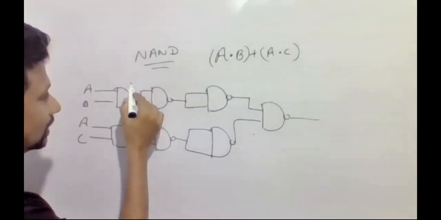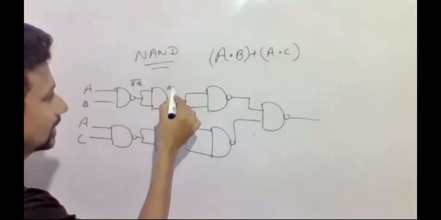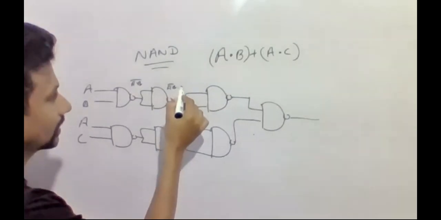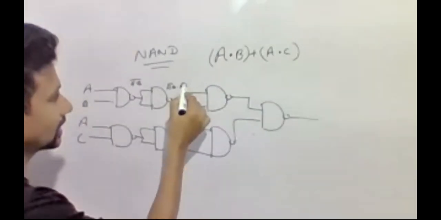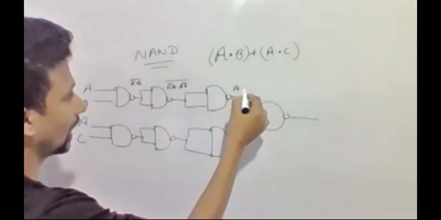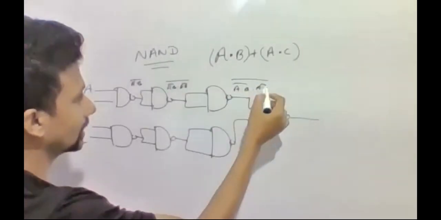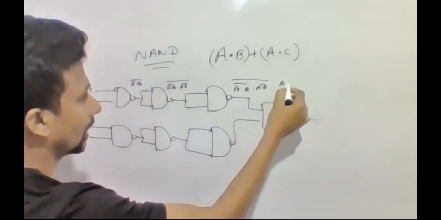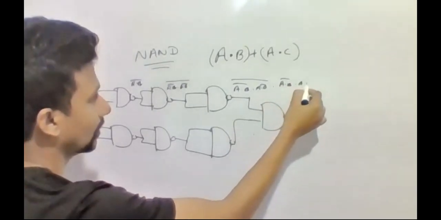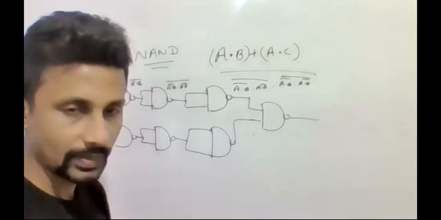Suppose here you are getting A dot B dash, then here A dot B dash dot A dot B dash whole thing dash. Again here you are getting A dot B dash dot A dot B dash dash dot A dot B dash dot A dot B dash dash whole thing dash. Right? Don't worry about that at the moment.